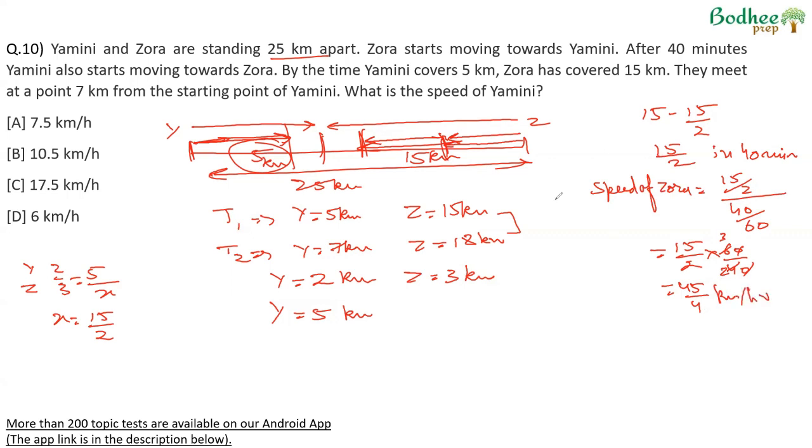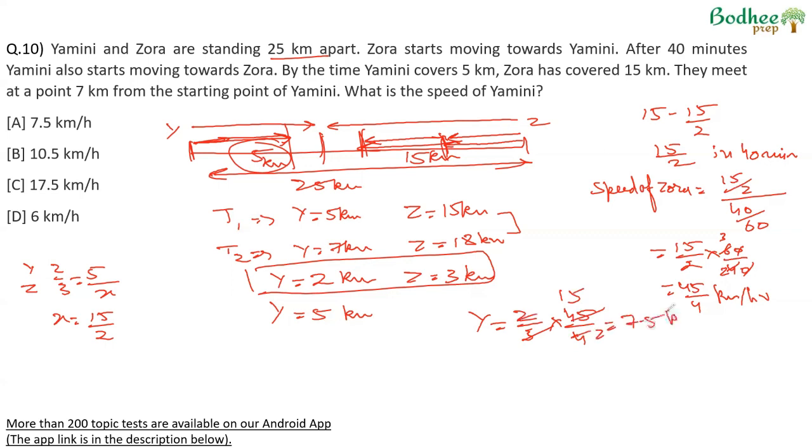This is the speed of Zora. We know that the ratio of speeds of Yamini and Zora is 2:3. Therefore, the speed of Yamini will be 2/3 of the speed of Zora, which is 2/3 of 45 by 4, that is 7.5 kilometers per hour. So the speed of Yamini is 7.5 kilometers per hour.